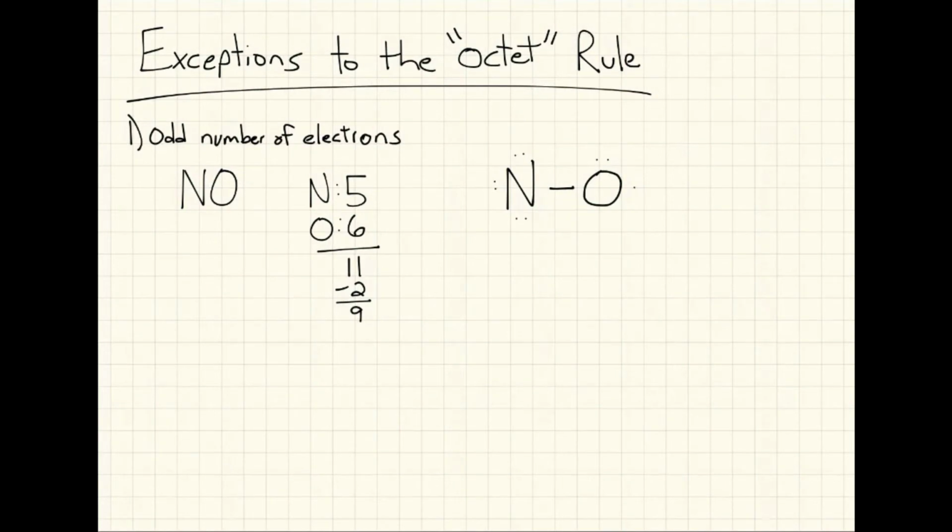If I do that, I will be left with the following. So now I have a nitrogen that is doubly bonded to an oxygen atom, and if I count up all of my electrons, 1, 2, 3, 4, 5, 6, 7, 8. That nitrogen is now satisfied. 1, 2, 3, 4, 5, 6, 7. That oxygen isn't satisfied, but I only have 11 electrons, so it isn't possible to fully give it an octet.